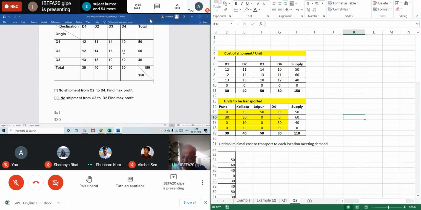I mean to say, whenever you have a condition that from this origin to that destination we don't want to ship the product, accordingly you make allocation. Positive allocation for minimizing the TP, negative allocation if it is maximizing the profit. But that is the logic I told mathematically.